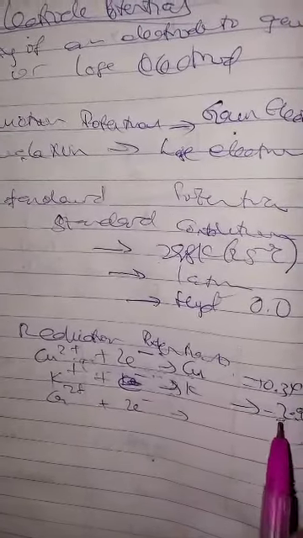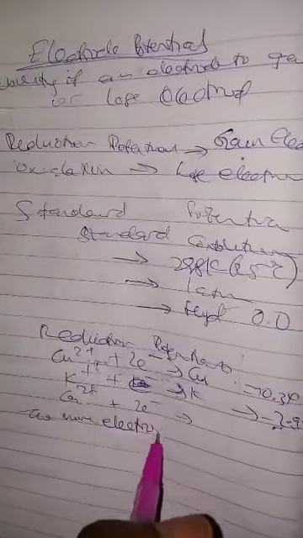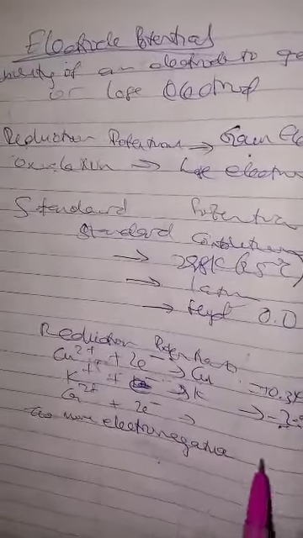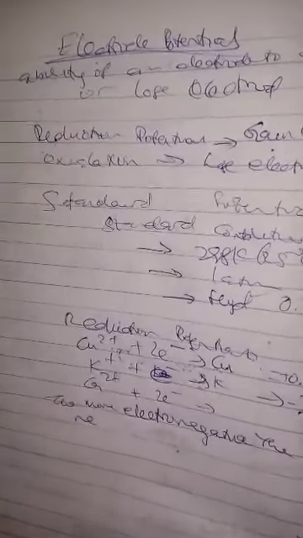Now, the more electronegative the reduction potential, the more the reducing ability.